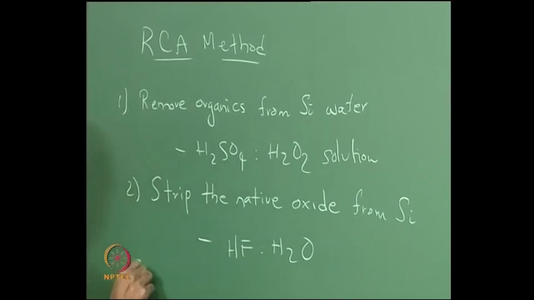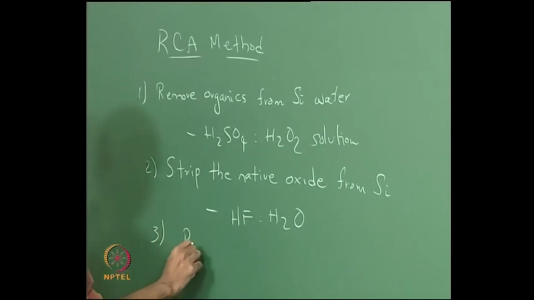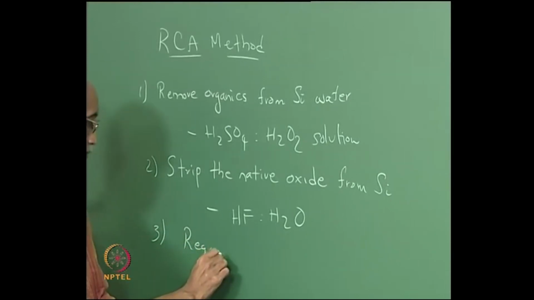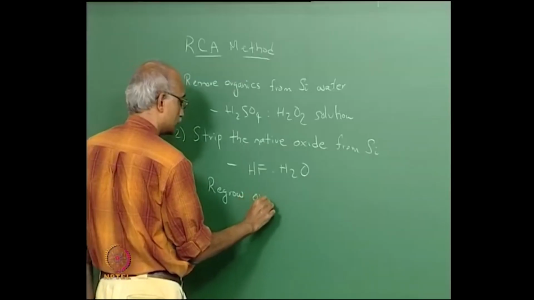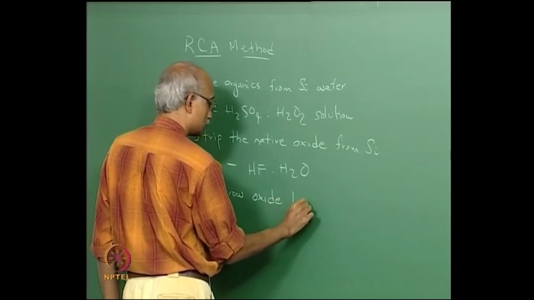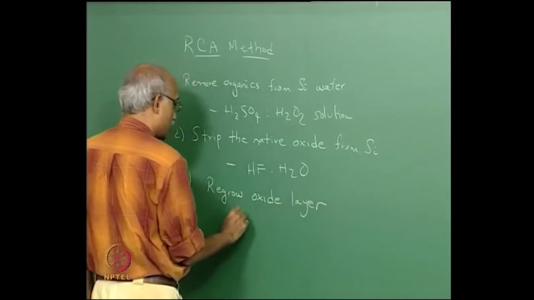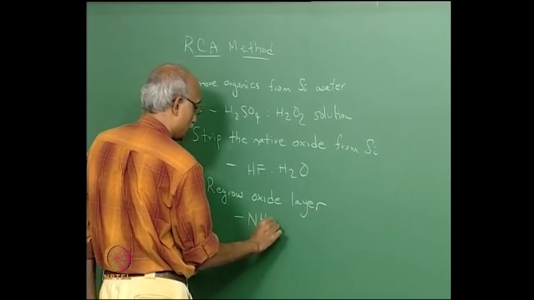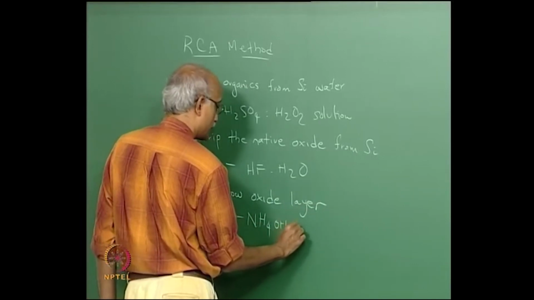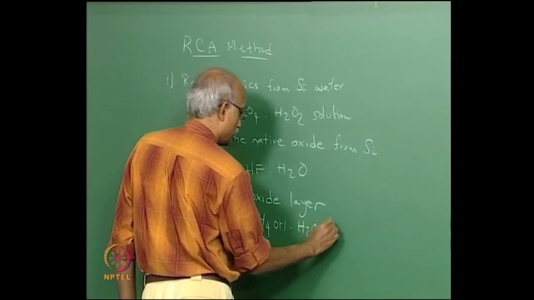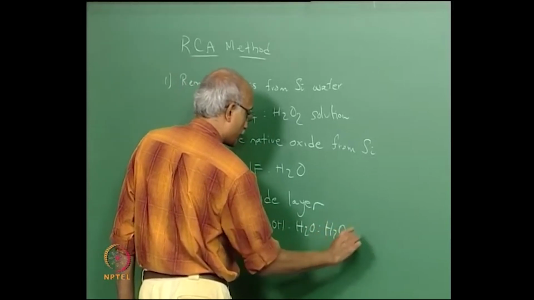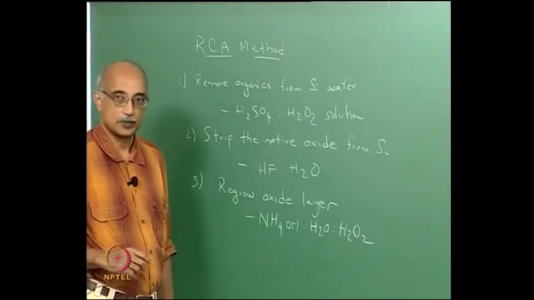The third step in the process is then to regrow the oxide, and this is done by using an alkaline treatment, an ammonium hydroxide, H2O, H2O2 mixture is used for this purpose.